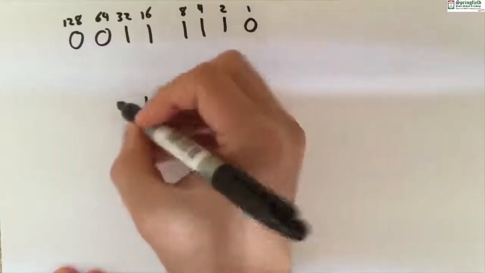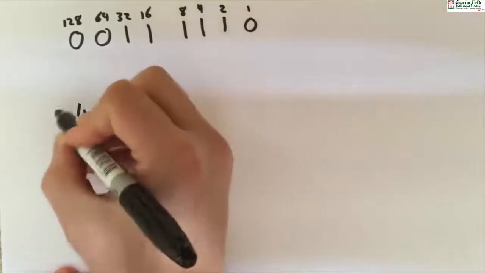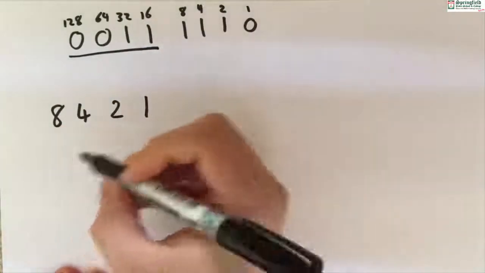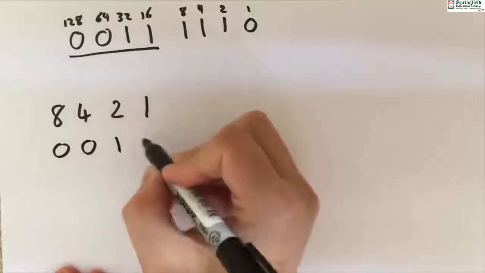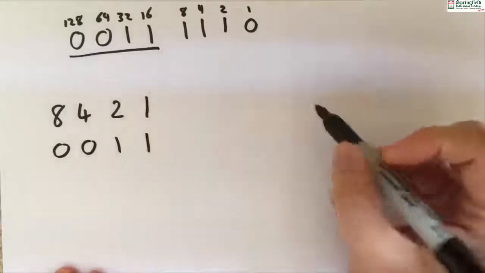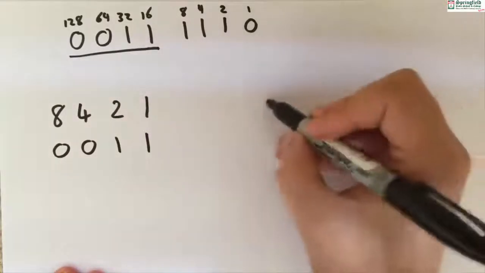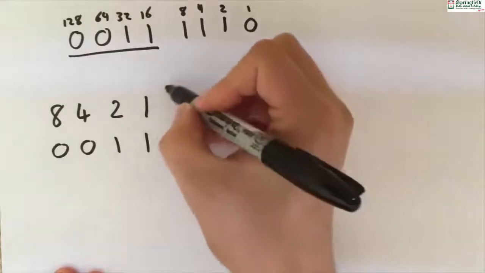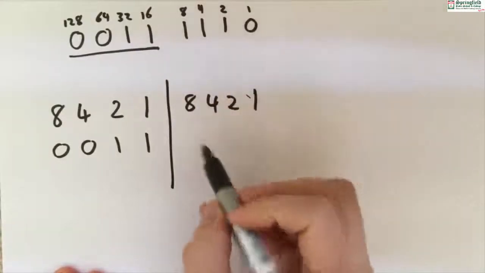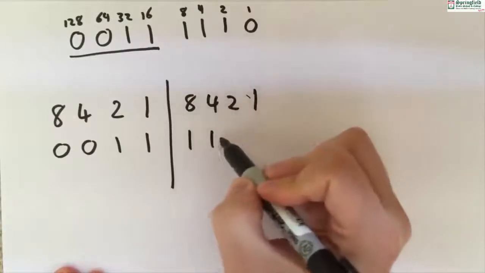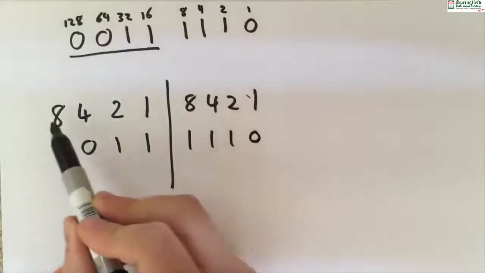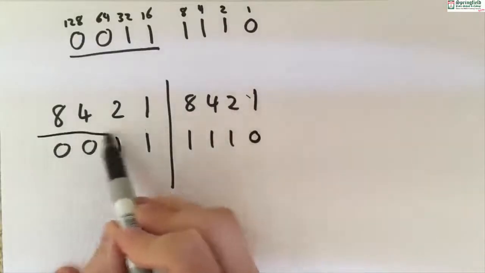So we're going to say 1, 2, 4 and 8, and I'm just going to put those numbers underneath that. So we've got 0, 0, 1 and 1. We've then got these 4 digits, and again they work on the start of the table. Just draw a line to separate here. And these are 1, 1, 1 and 0. I've just copied down from above. You'll notice all I'm doing here is just changing the column headers.